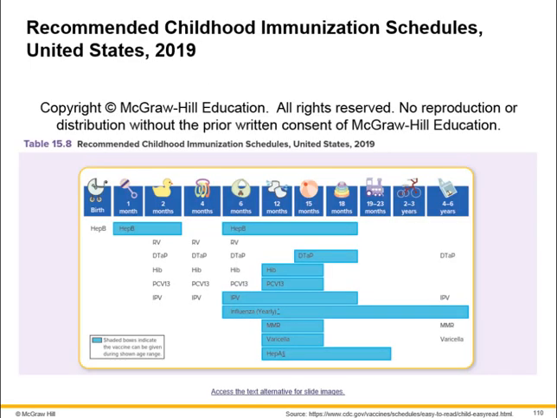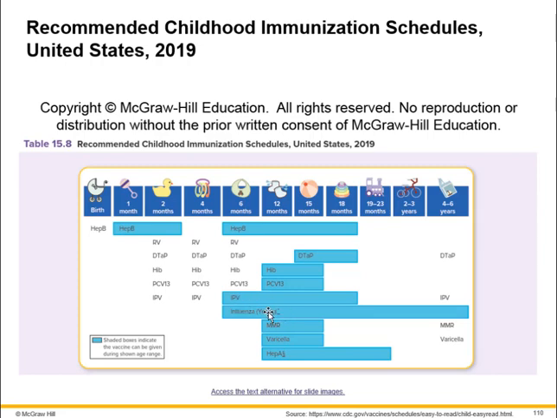So here are a couple of typical vaccines that are given, from birth to about 18 months, you have quite a few vaccines here. So hepatitis B, DTaP, HIV, PCV13, which is the pneumococcal vaccine, IPV, inactive polio vaccine.